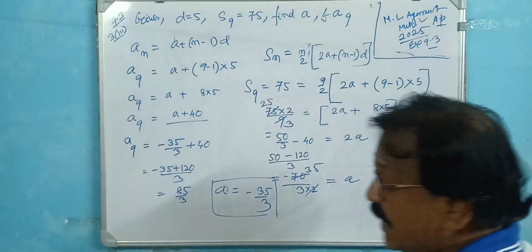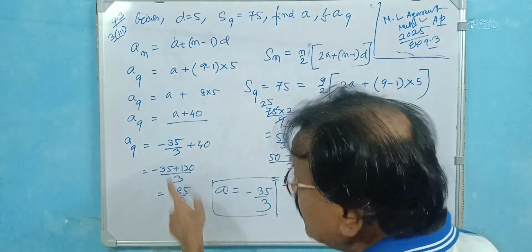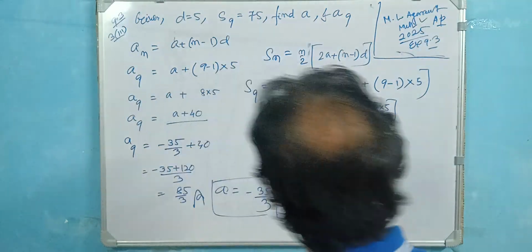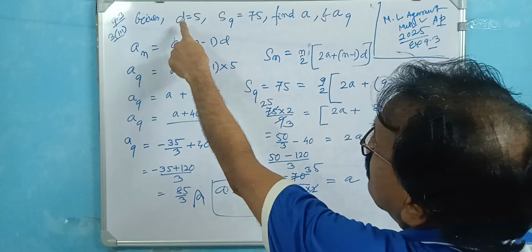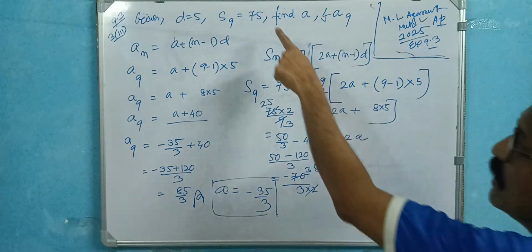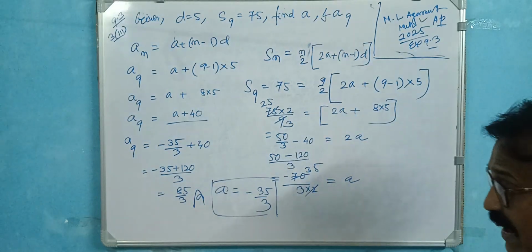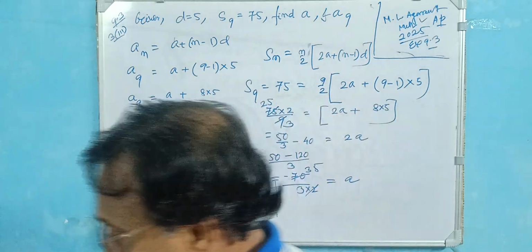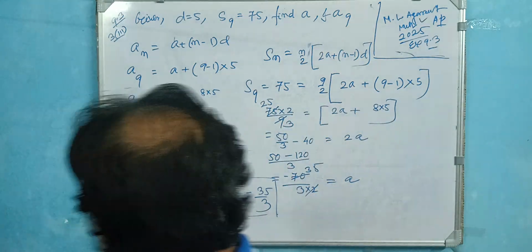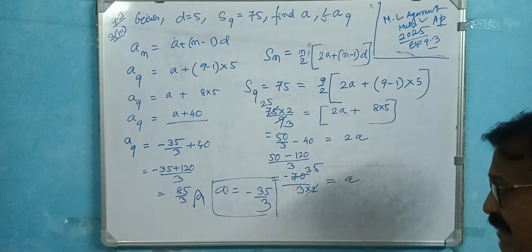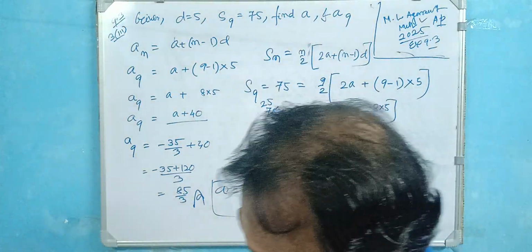What is the value of the 9th term in this series? 85 by 3, this is the answer. It's clear. So given d is 5, S9 is 75, find the value of a, the first term. The value of the first term is minus 35 by 3, and the value of the 9th term in that series is 85 by 3.